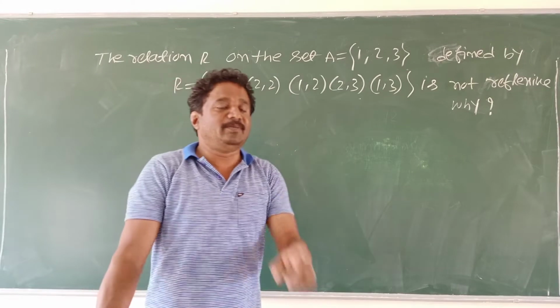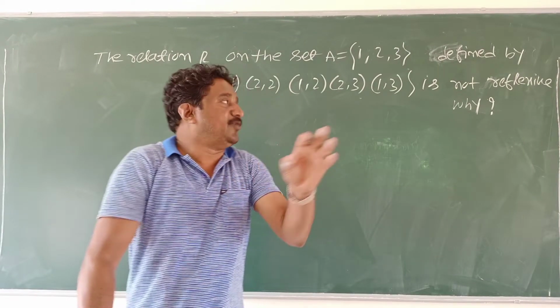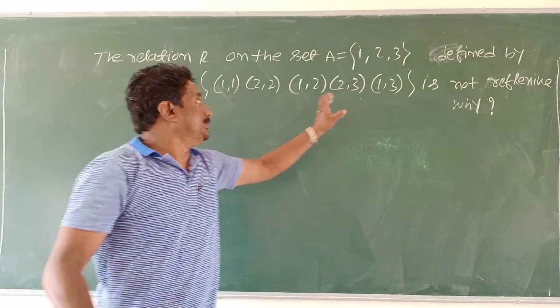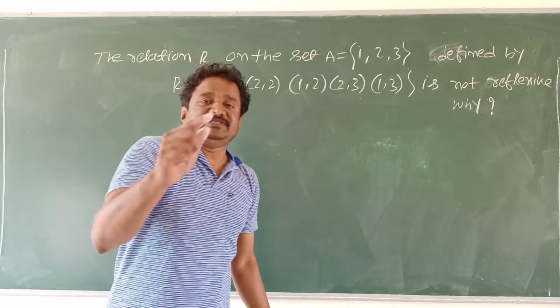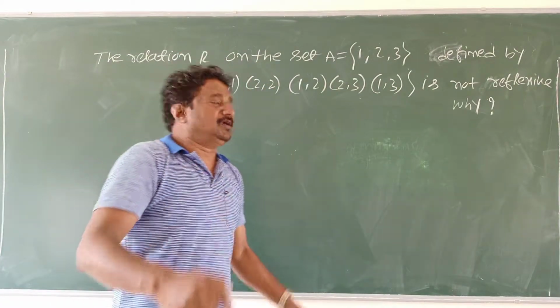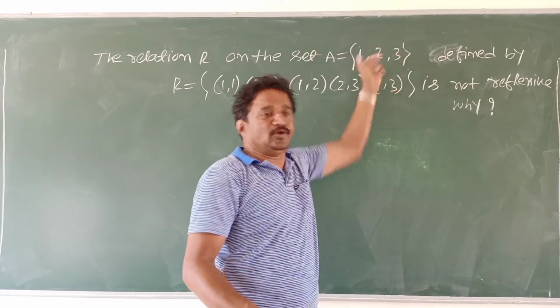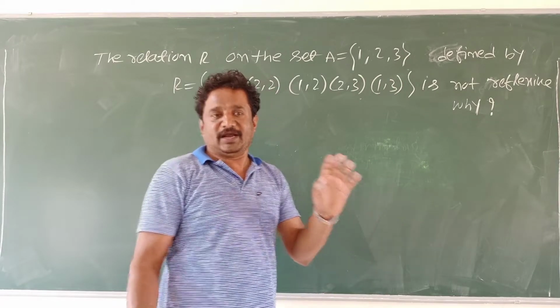I have given so many examples. Carefully observe and practice well; otherwise, you will find it difficult to understand this chapter. Practicing is important. When we say R is reflexive, R must contain all of (1,1), (2,2), (3,3). Because failing in one subject means completely failed.